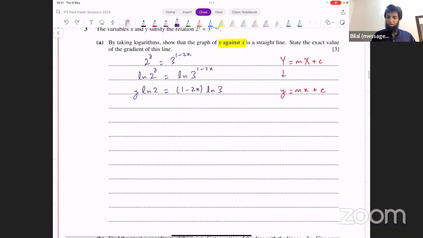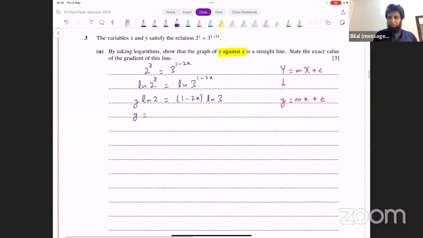Okay. Now let's simplify this. It becomes y into ln 2 equals ln 3 minus 2x into ln 3. Now let's rearrange this a little.